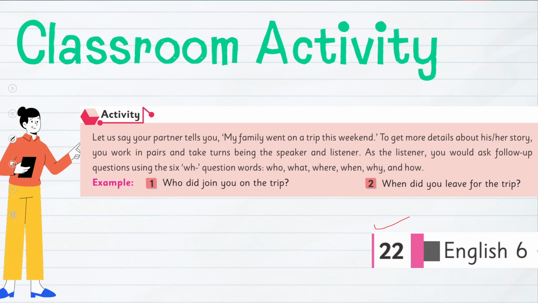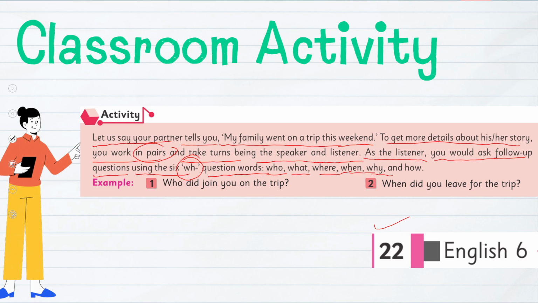The activity is about this: let us say your partner tells you, "My family went on a trip this weekend." To get more details about his or her story, you work in pairs and take turns being the speaker and listener. As the listener, you would ask follow-up questions using the 6 W's question words: who, what, where, when, why, and how.